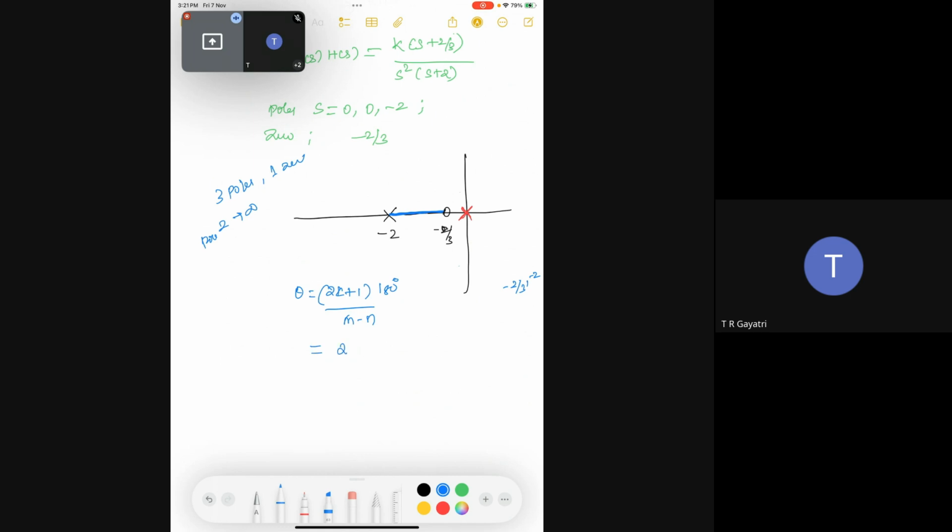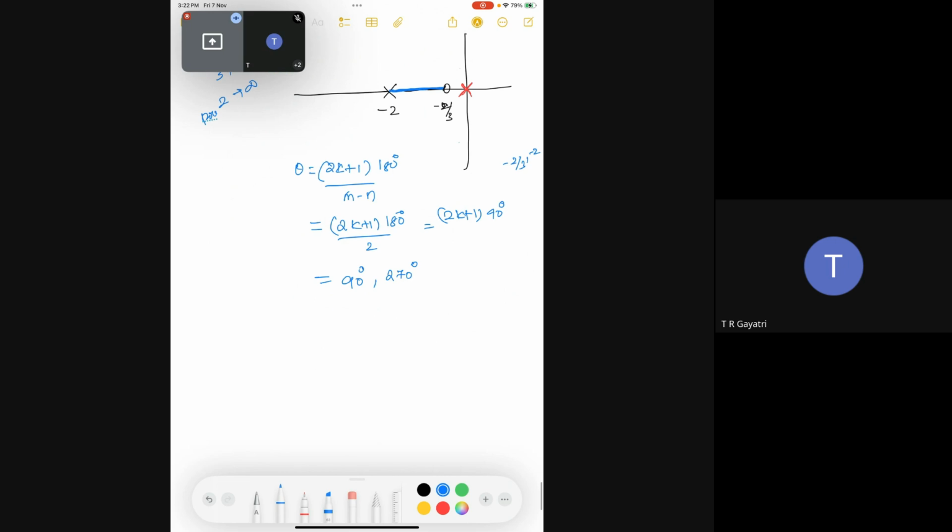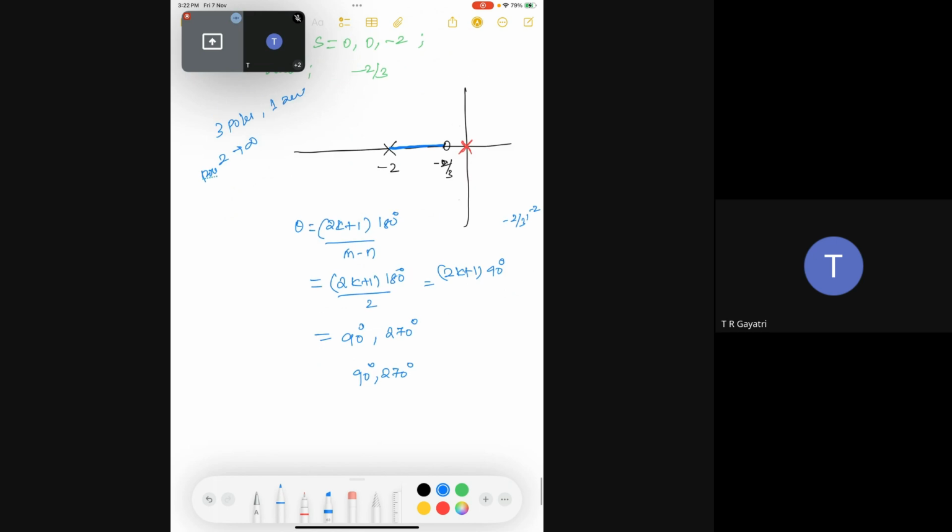It's k equal to 0, (2k plus 1) into 180 divided by 2, that is (2k plus 1) into 90. When k equal to 0, this is 90. When k equal to 1, it will be 270. So the two asymptotes will go at 90 and 270.